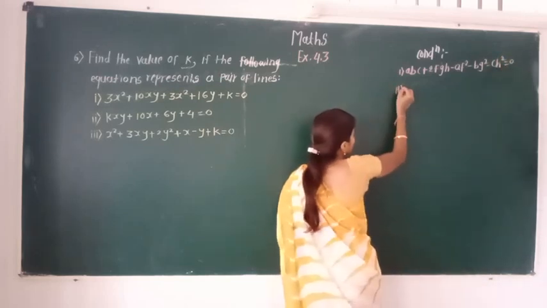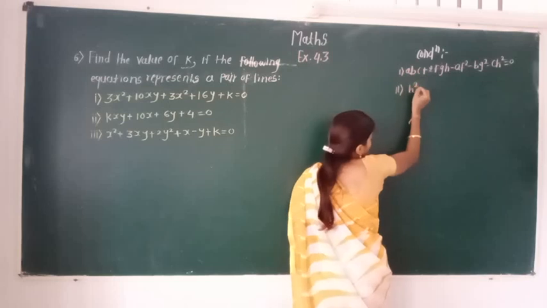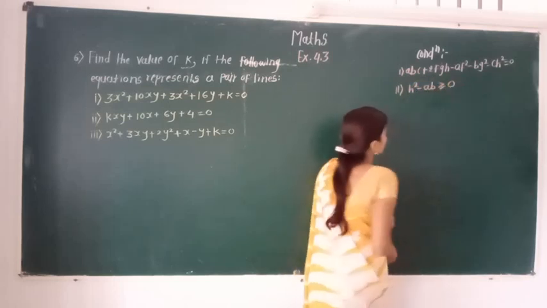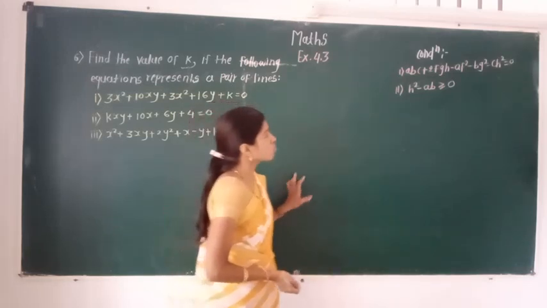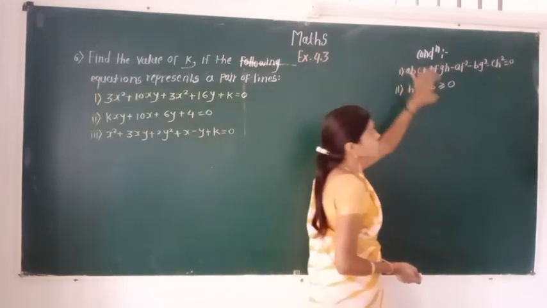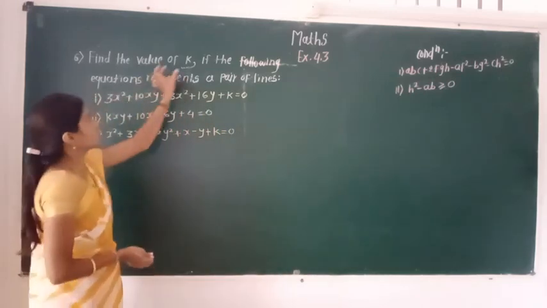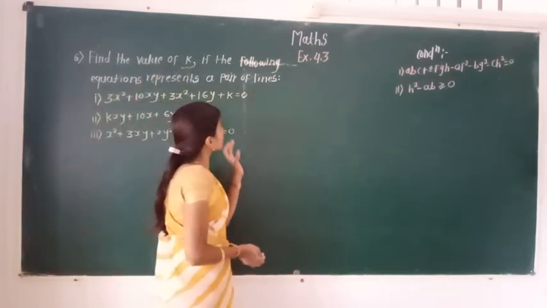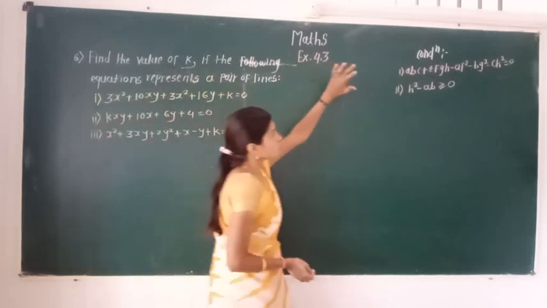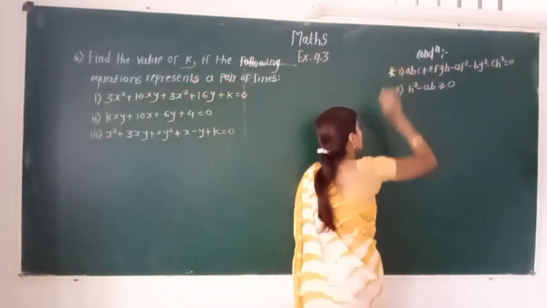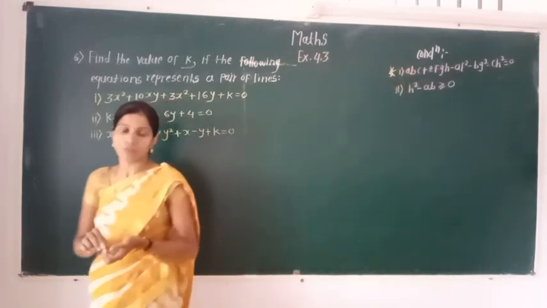And second condition is H square minus AB is greater than or equal to 0. Okay. And we also express the first condition in terms of a determinant. Now, for finding the value of k, we take the first condition. We get the exact value of k.